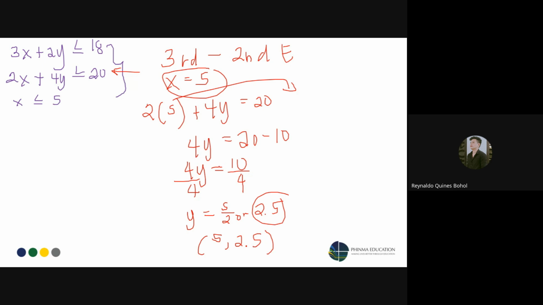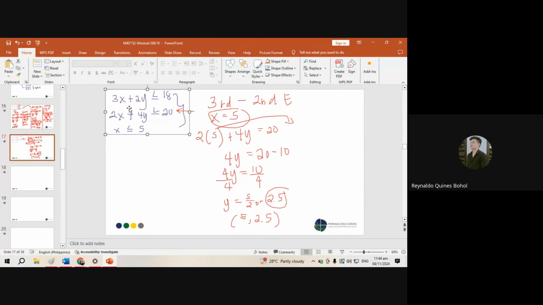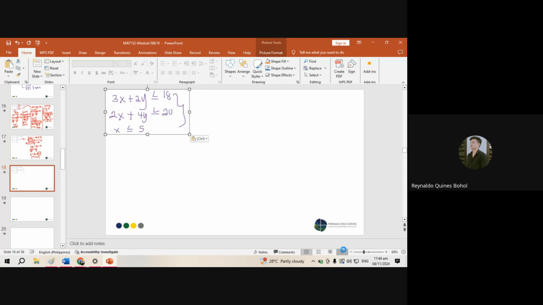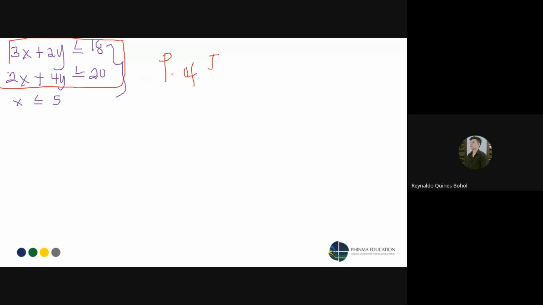Okay, so we're done with the intercepts of first to third equation. So moving on to point of intersection. Copy natin ulit. Ulit natin yung point of intersection. So 3x plus elimination pa rin equals 18.